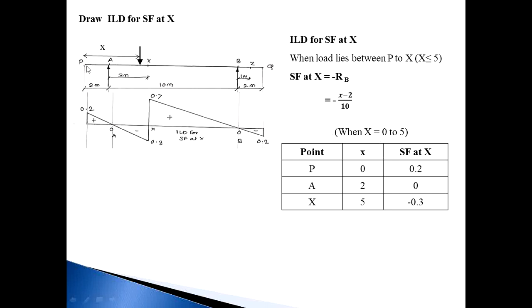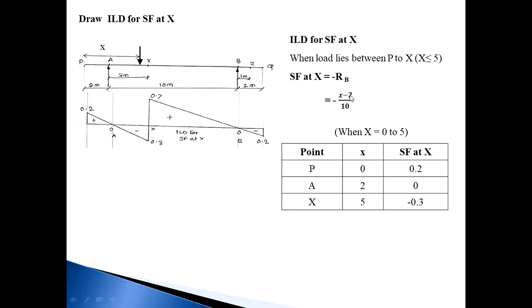In that, put all values in this equation. First, x is equal to 0 at P: 0 minus 2 divided by 10 is 0.2, and minus minus plus, it becomes positive. Then the load comes to point A, so x is equal to 2.